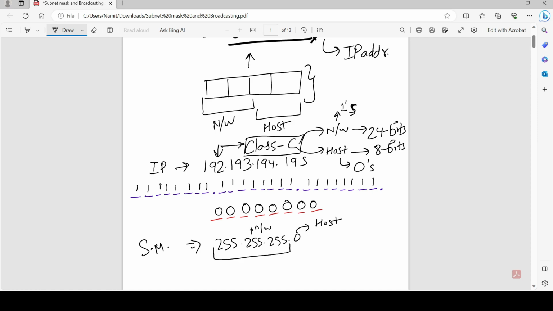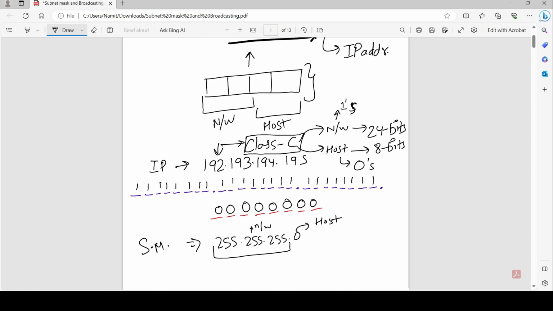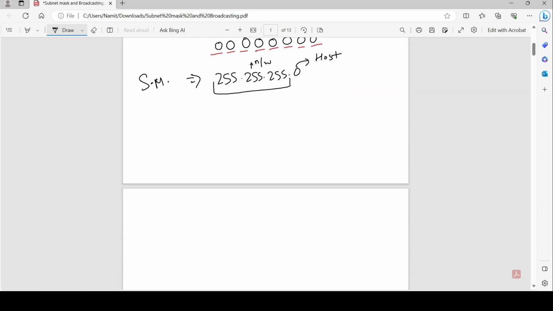As simple as that. So in the given IP address, the first 24 bits are the part of your network address, and the rest 8 bits are part of your host address. Simple. Okay, nothing complicated over here. Alright, so that is what we have.